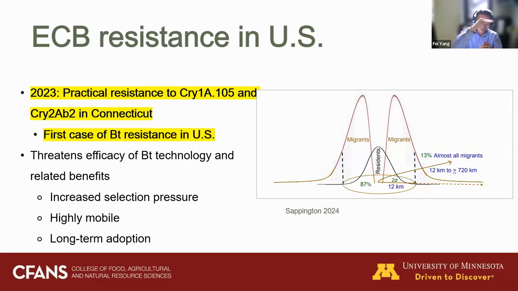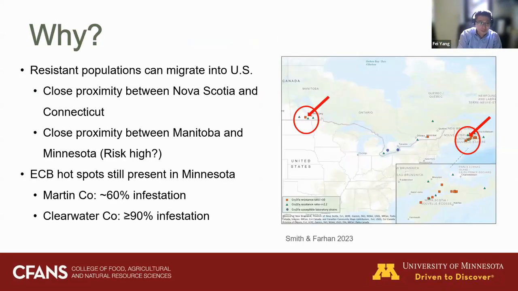For example, we have long-term use of Bt technology, and this increases the selection pressure for Bt resistance in this pest. Also, the adult of ECB is highly mobile. So once resistance is discovered or established in one area, these adults can travel long distances and distribute the resistance alleles around the landscape.